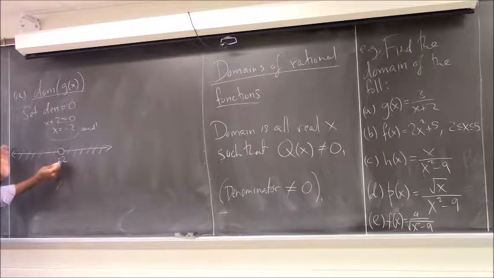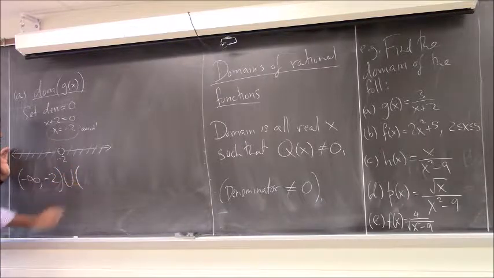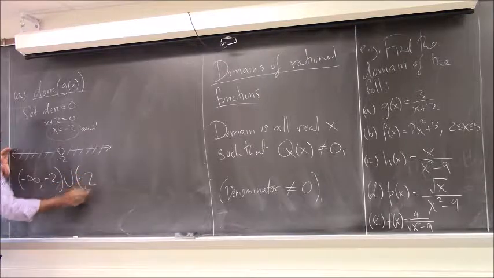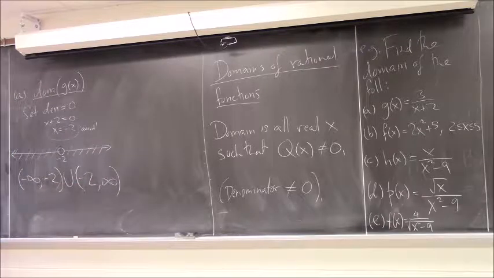Parentheses, negative infinity, comma, negative 2, parentheses, and then a union, which is a logic symbol for or. Then negative 2 again, comma, infinity. That's how it would be written.